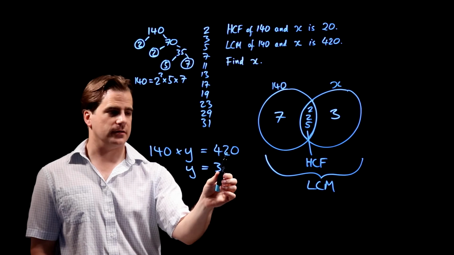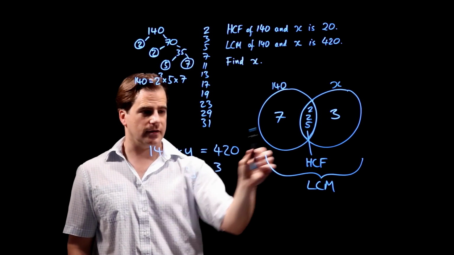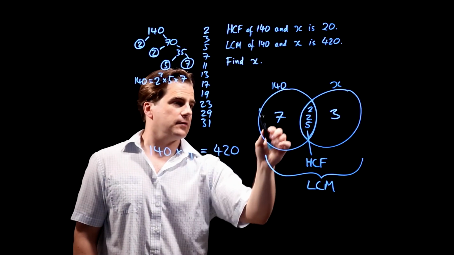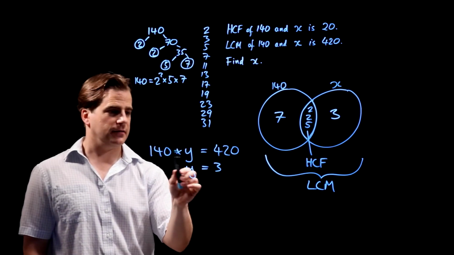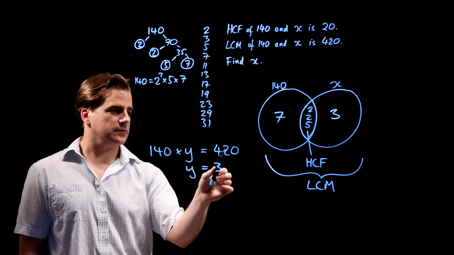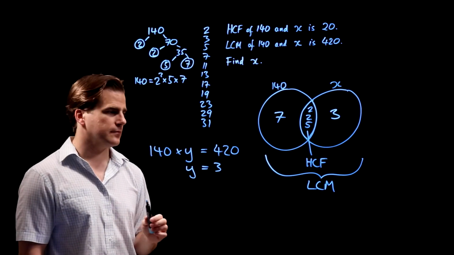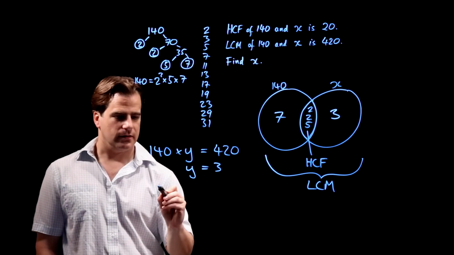But 7 times 2 times 2 times 5 is 140, so 140 times whatever's in there must equal 420. So whatever's in there is 3.